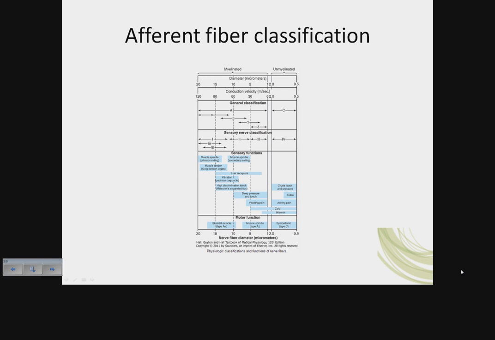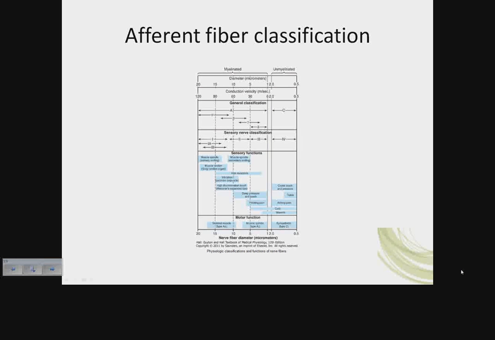If you take that general classification and go down to the sensory function, I want you to realize that when we're talking about muscle stretch or tactile information, like information from our Meissner's corpuscles or Merkel's corpuscles from our previous lecture, those will all be conveyed through your A alpha and A beta fibers.